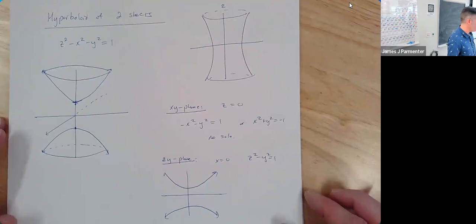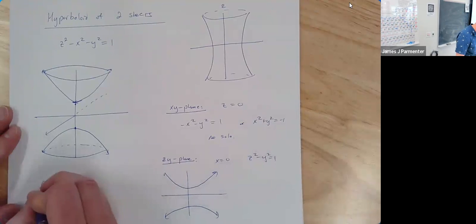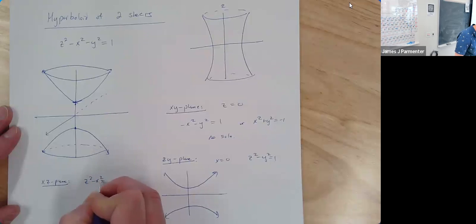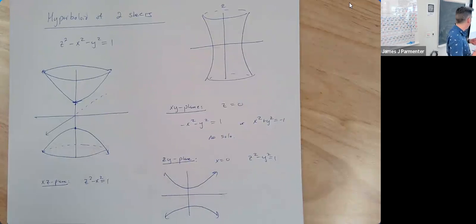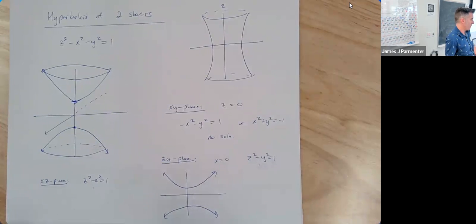And then in the XZ plane, same thing: you're getting z squared minus x squared equal to 1. That's why the one that's the odd man out has the symmetry, because whether you set y equal to 0 here or x equal to 0 here, the equation you're left with essentially gives you the same graph. But then setting z equal to 0 is totally different.